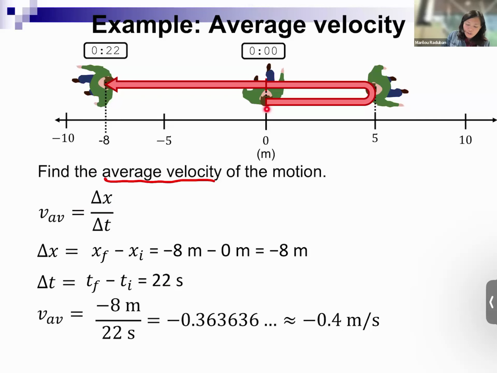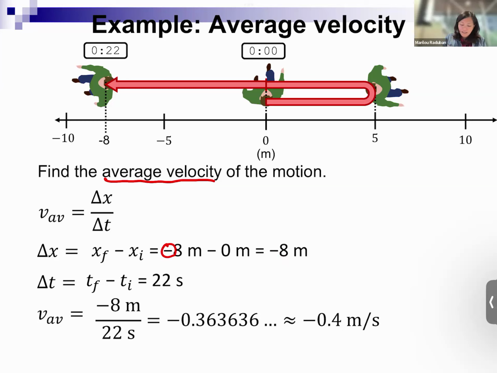We're only concerned about the initial position and the final position of the person. The person ended at -8 meters. Notice how we are now incorporating the signs, the sign being negative, which gives us information that the person moved to the left, right? And take away the initial position, which is 0 meters. So the displacement is -8 meters.